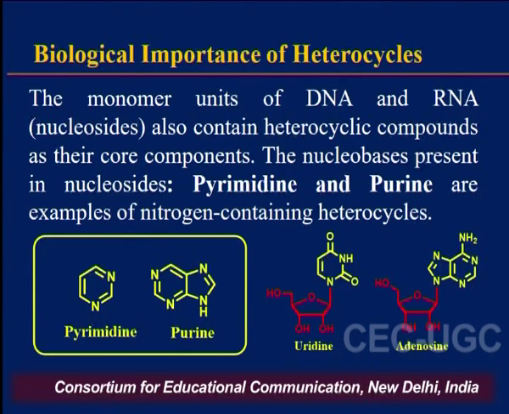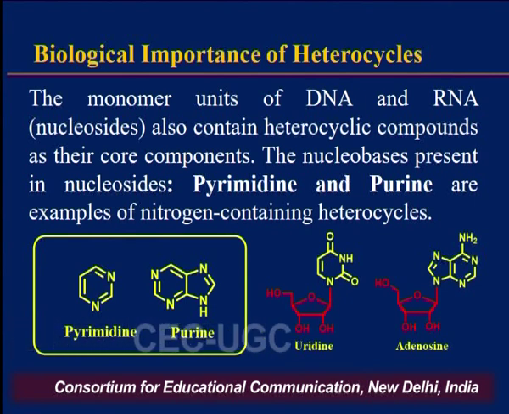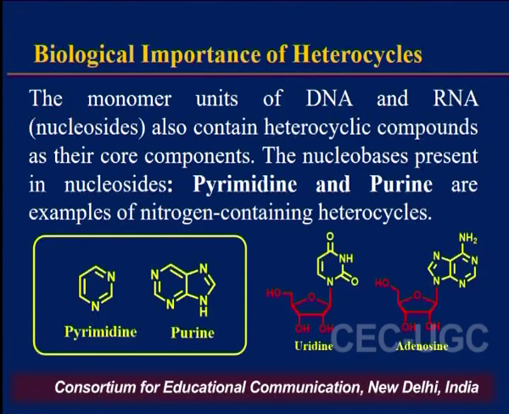Further, the fourth category of biological importance of heterocyclic compounds can be seen in the form of DNA and RNA. DNA and RNA are an essential part of our body, and they are made of nucleoside molecules, and we know that nucleoside molecules further have 2 components, sugar and nucleobase.